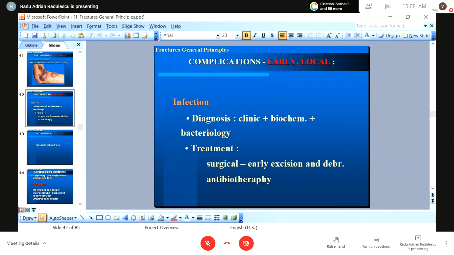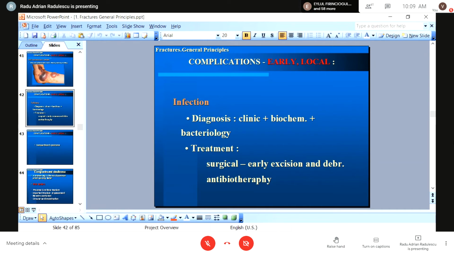Usually at the beginning, when the patient comes to the hospital after an acute trauma with an open fracture, we don't know the germ yet. So we usually start with a general antibiotic therapy until we have the results from the lab, in order to narrow our field with a targeted antibiotic.